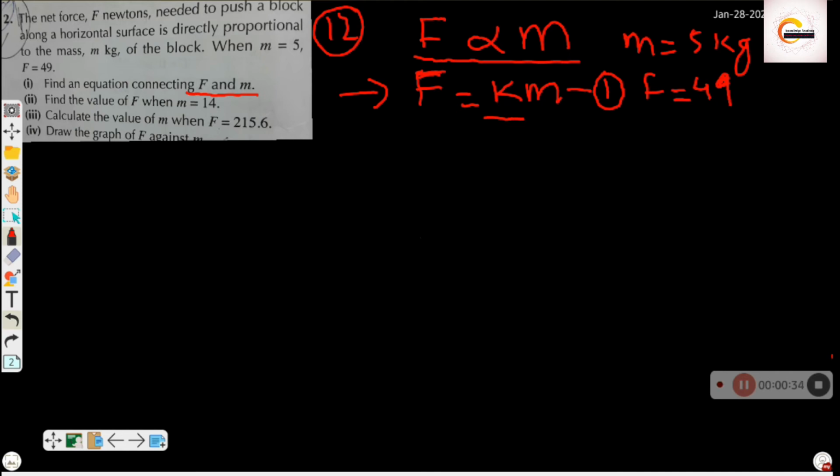When m is equal to 5, F is equal to 49, and we need to find an equation connecting F and m.